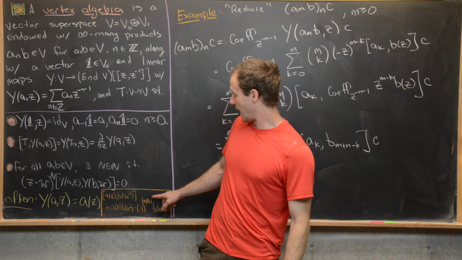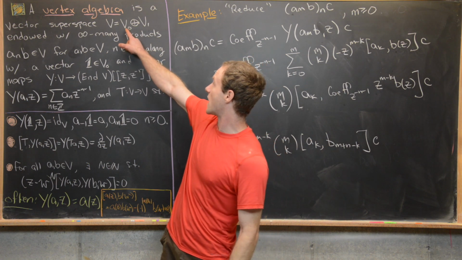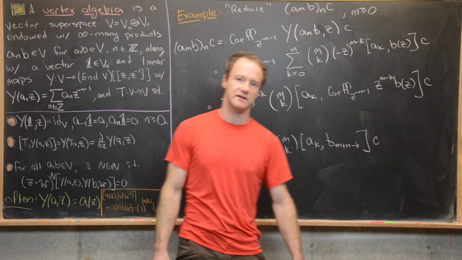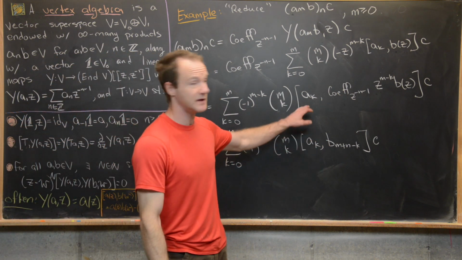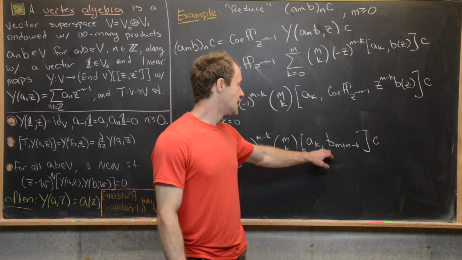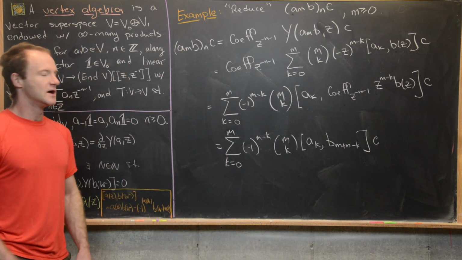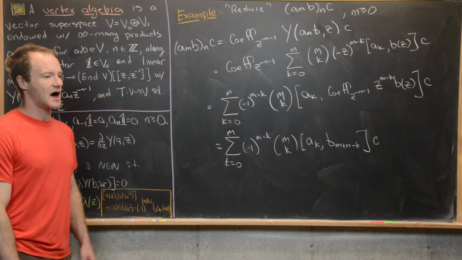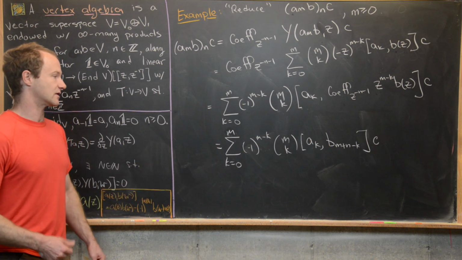So let's go ahead and assume that we've got homogeneous vectors. In other words, they are either only in V0 or only in V1. They can be in different ones. a could be in V0 or V1. b could be in V0 or V1, but they're not made up of a combination of even and odd things. If they are, we can extend it linearly.